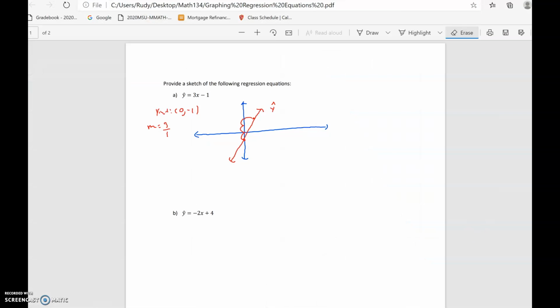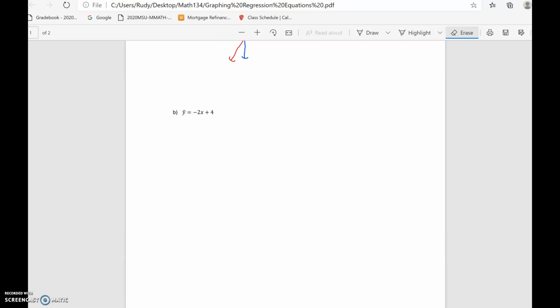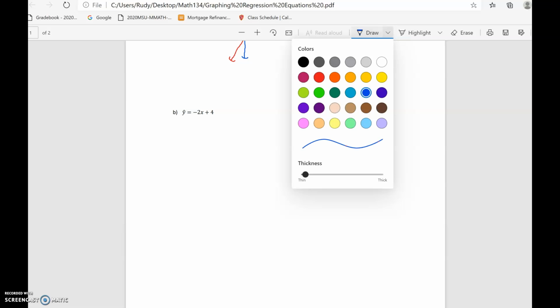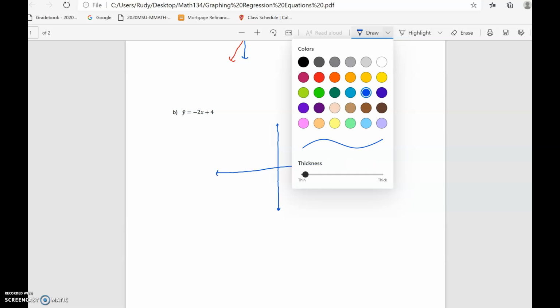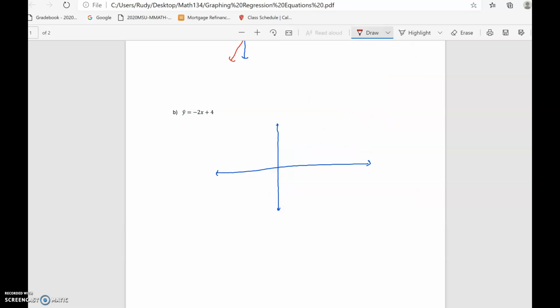As you're creating a sketch, it's just a basic sketch. So we're talking about the axis. And in this case, our y-intercept is (0, 4).